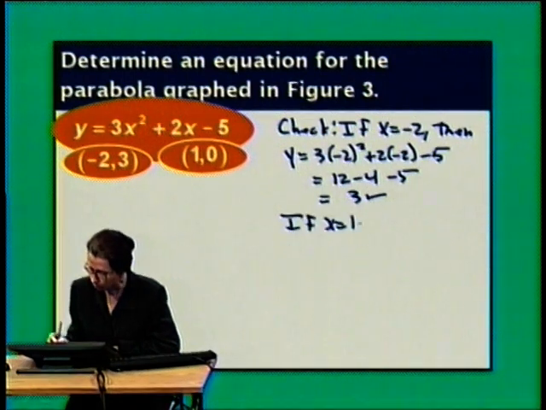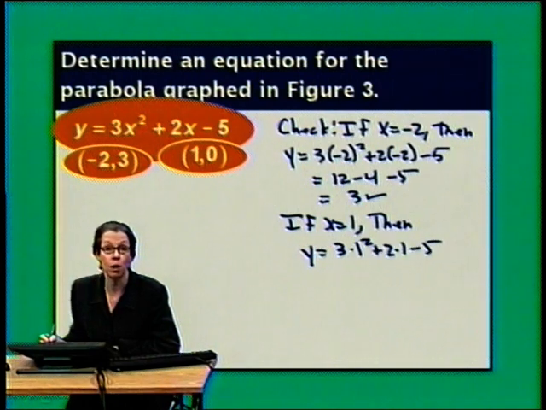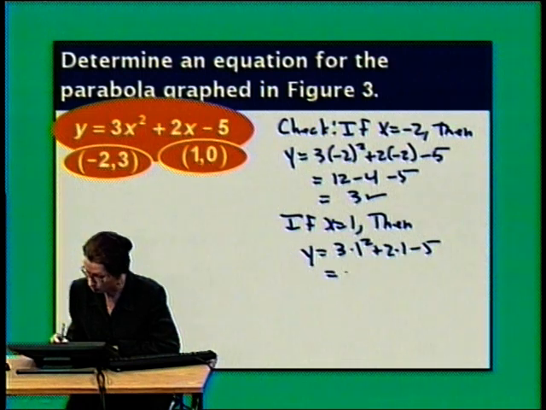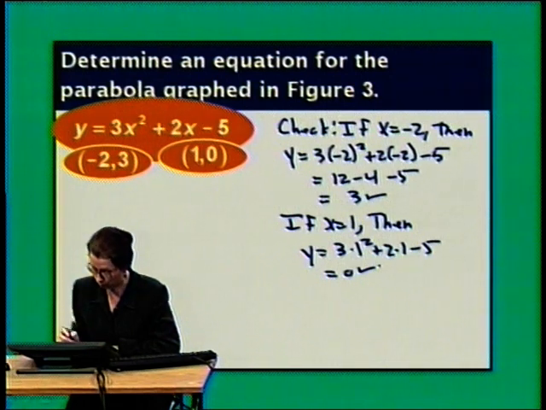If x equals 1, then y equals 3 times 1 squared plus 2 times 1 minus 5, which is 5 minus 5, which is 0. So 1, 0 satisfies our equation. So the ordered pairs on our parabola satisfy the equation we came up with.